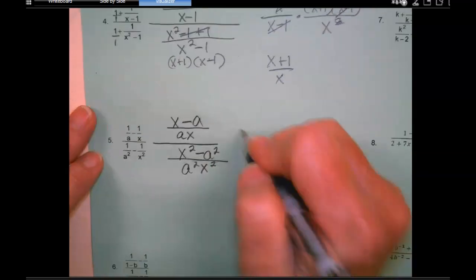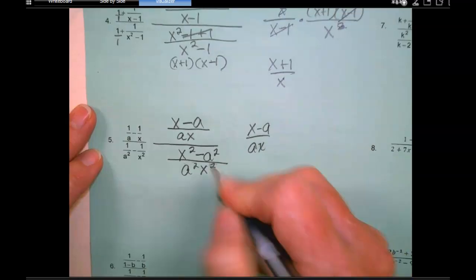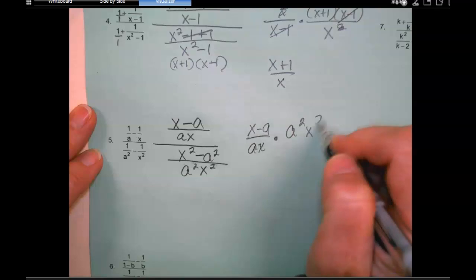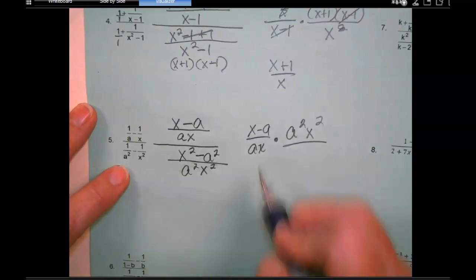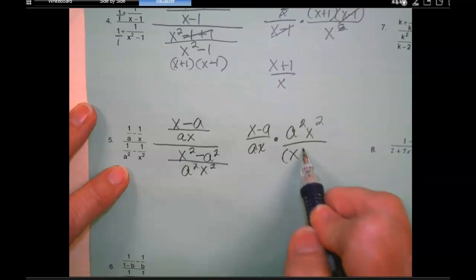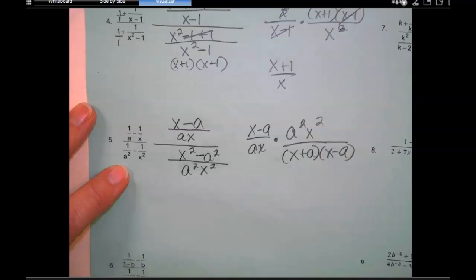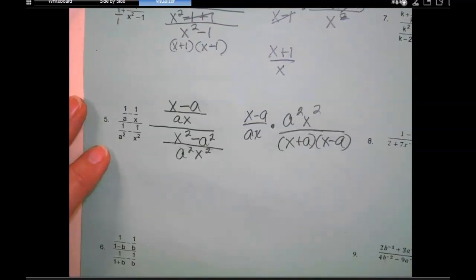All right. So here I'm going to have x minus a over ax. I'm going to change the division to multiply, and I'm going to get a squared x squared. And on bottom, I have x squared minus a squared. So I'm going to do x plus a and x minus a. Is that good?